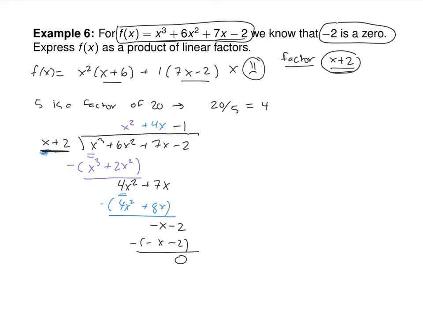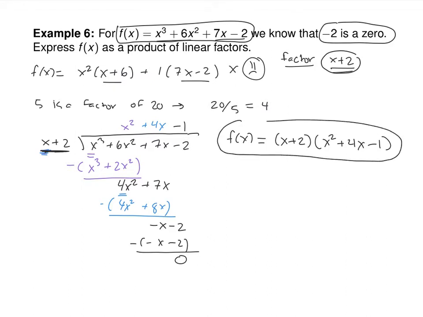And so what that means is your original function f of x is equal to x plus 2 times x squared plus 4x minus 1. Does that make sense? Okay. So there's your first step.